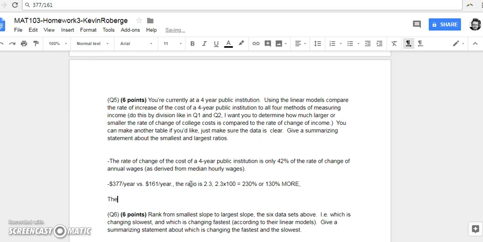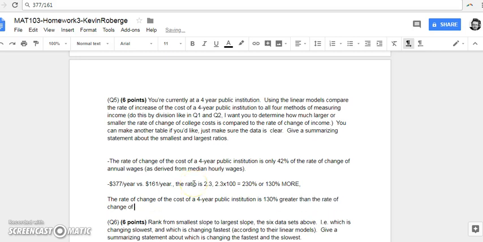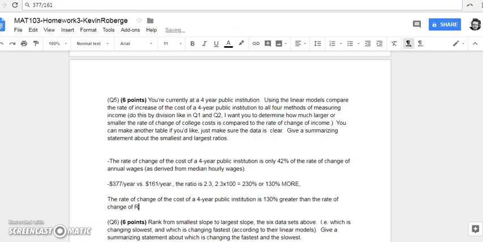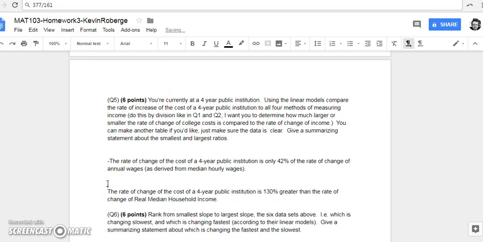So you could say something like the rate of change of the cost of a 4-year public institution is 130% greater than the rate of change of, what was that thing again? Real median household income. So that might be another example of the statement. And I'm going to delete that.